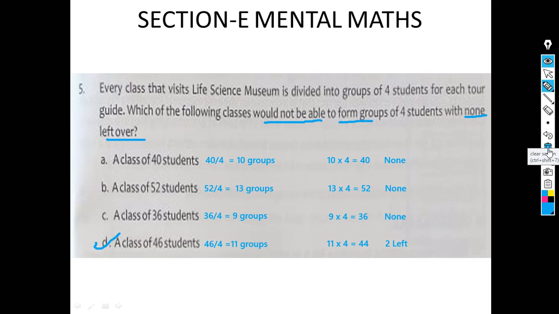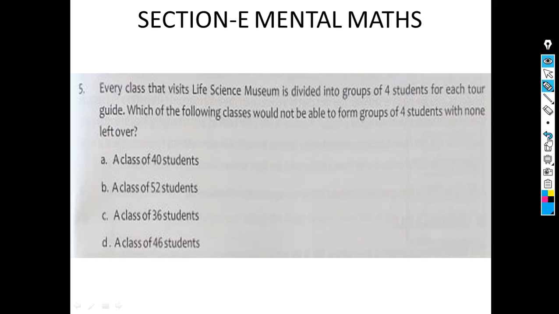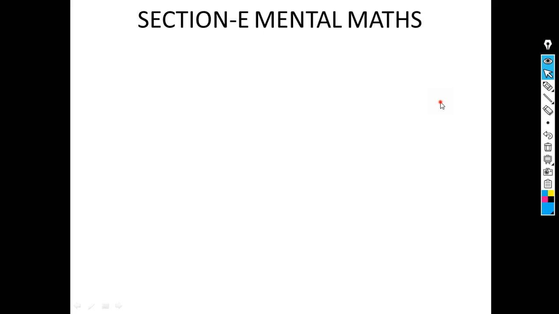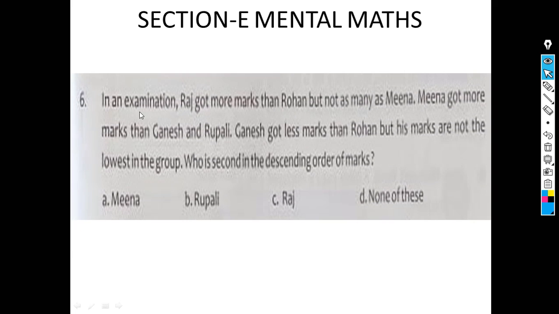Next is question number 6. It says, in an examination, Raj got more marks than Rohan, but not as many as Meena. Meena got more marks than Ganesh and Rupali.